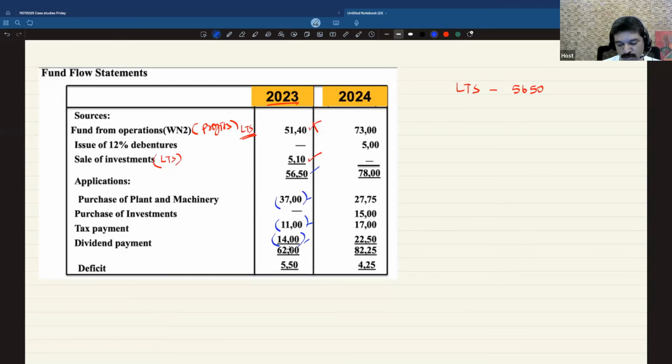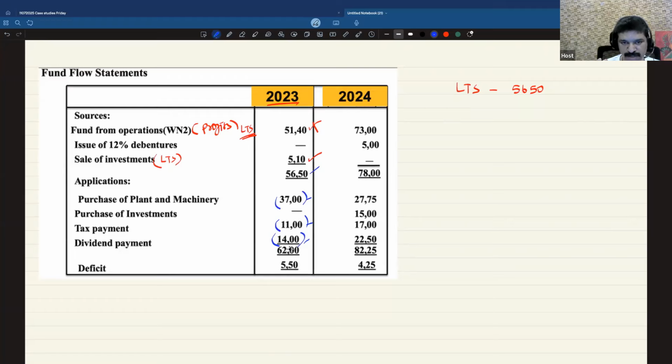If you are going to use this money, where will you use it first? Whether you will use it first for paying taxes or dividend or purchasing plant and machinery. Tax is also very important.